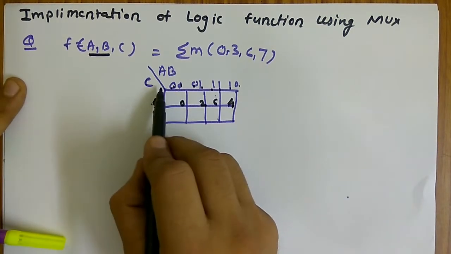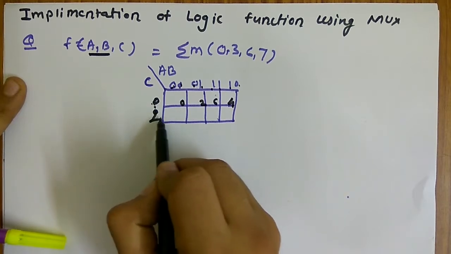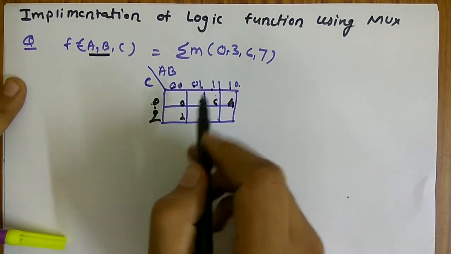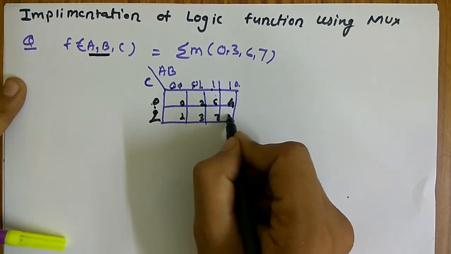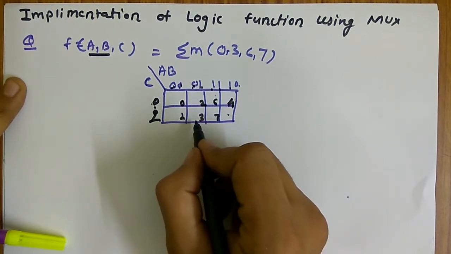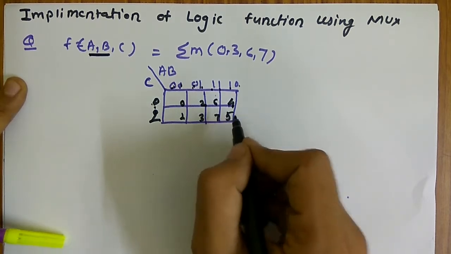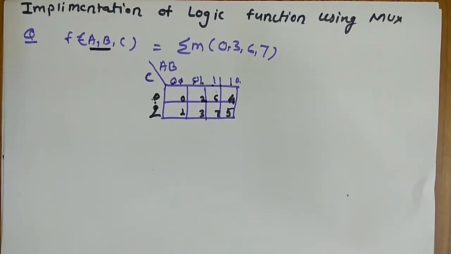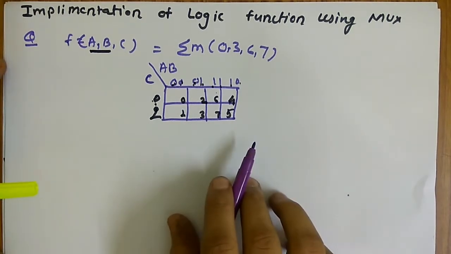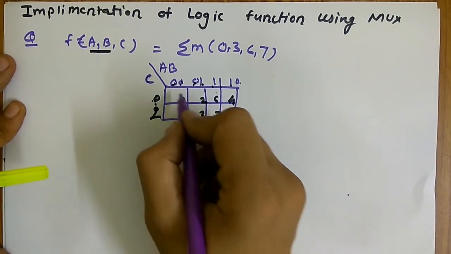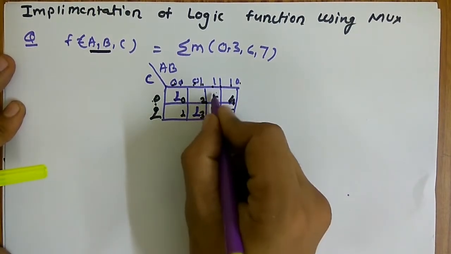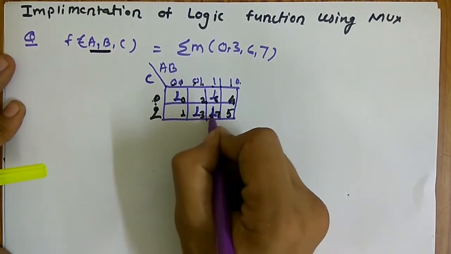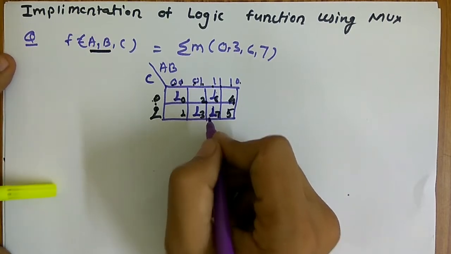And 0 0 1 will be 1, 0 1 1 will be 3, 1 1 1 will be 7, 1 0 1 will be 5. So we have written the minterms in this problem: 0, 1, 3, 6 and 7. So these are the minterms.